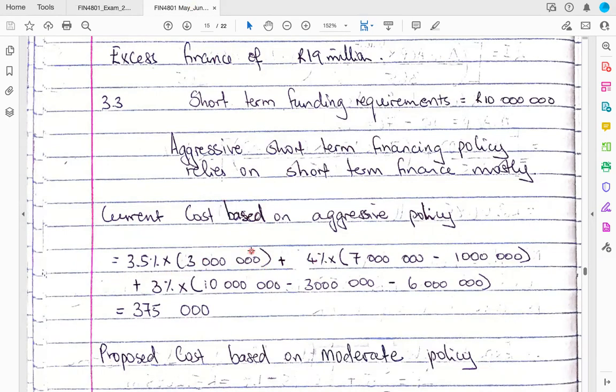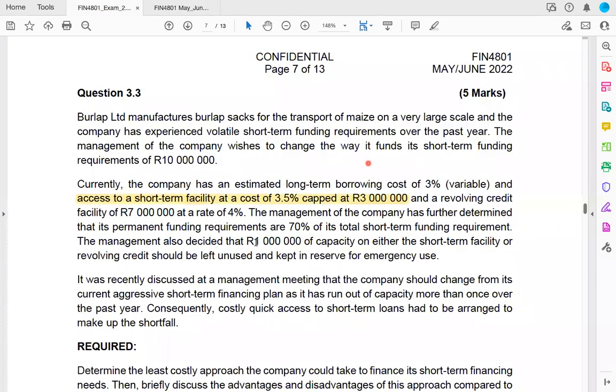Remember, they need 10 million. They will also utilize the revolving credit facility. But remember, they want to leave a capacity of 1 million rand on either the revolving credit facility or the short-term facility. So we would rather opt to leave the 1 million rand on the revolving credit facility because it has a higher interest rate compared to the short-term facility.